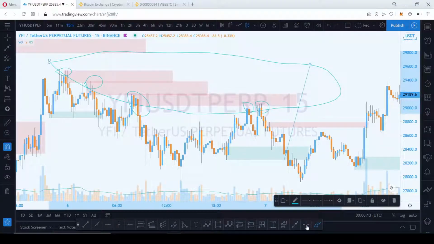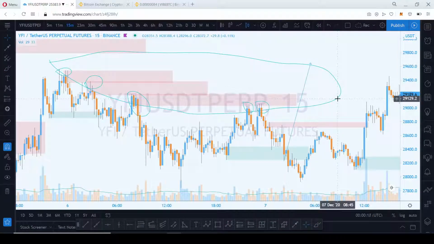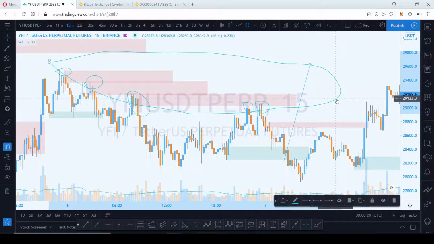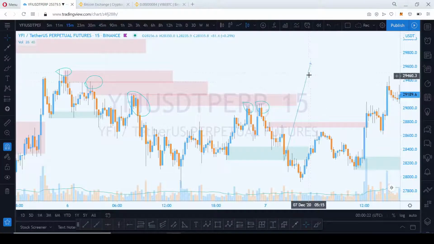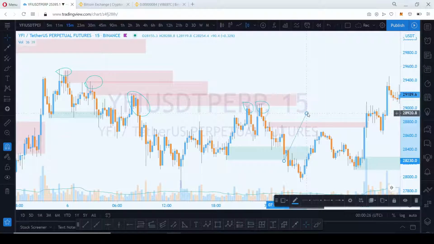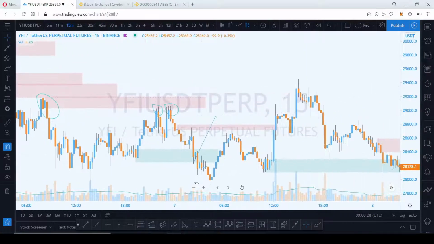So the movement has proceeded since then, and there is the update which I wish to bring to you, and that is exactly what I said will happen. What happened was that the price from here came down a bit, came back to this supply, because that is a supply to break this demand.